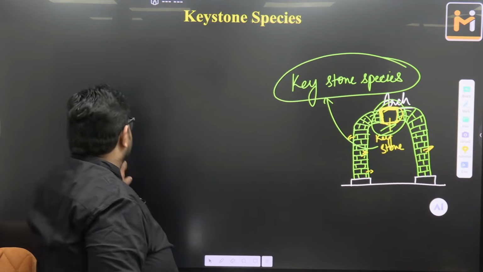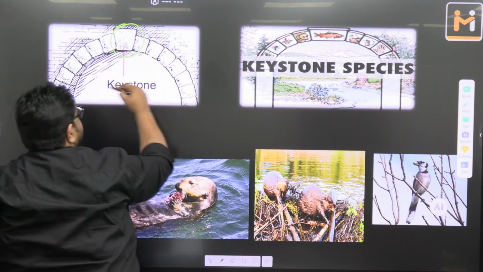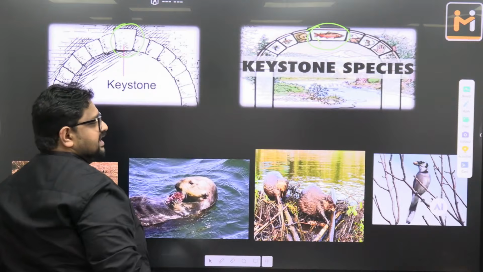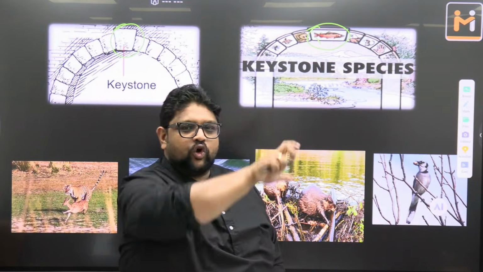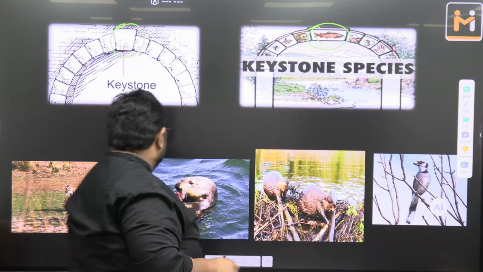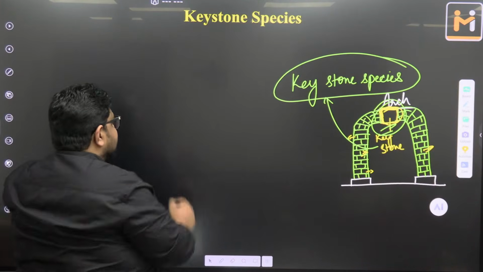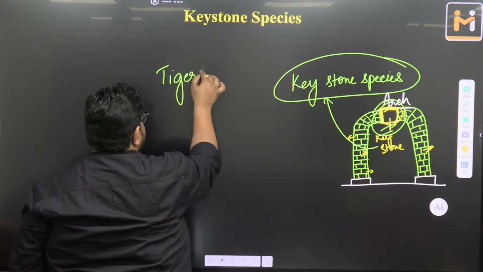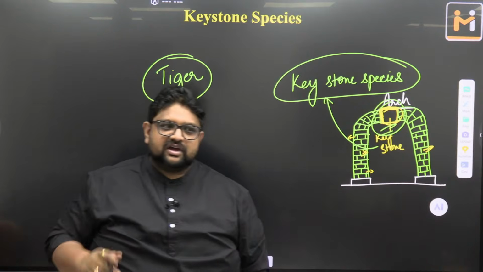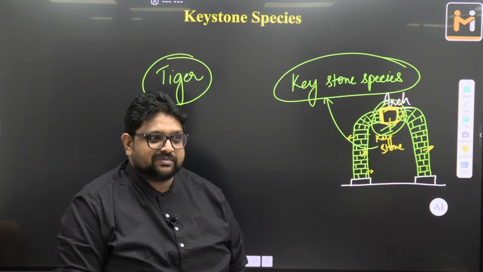Now if you look at this, this is a keystone. If you remove this, the arch will collapse. That is the stone which is holding the entire structure together. I gave you an example of the tiger, right? Tiger is a keystone species. Why? If you remove the tiger from its ecosystem, the herbivorous animals which are the food for the tiger will increase in number and get overpopulated.